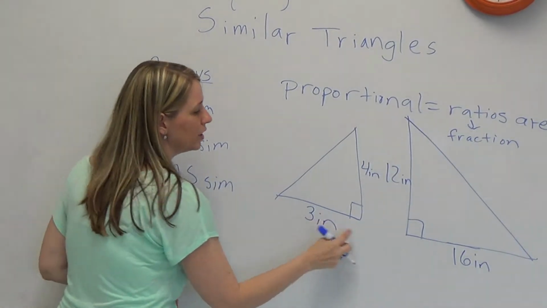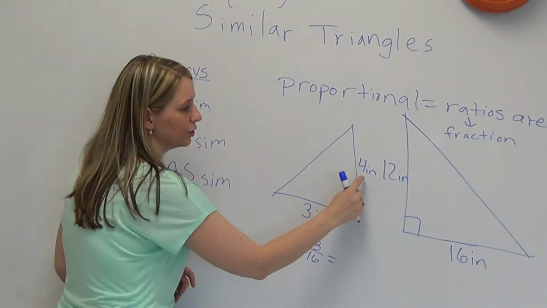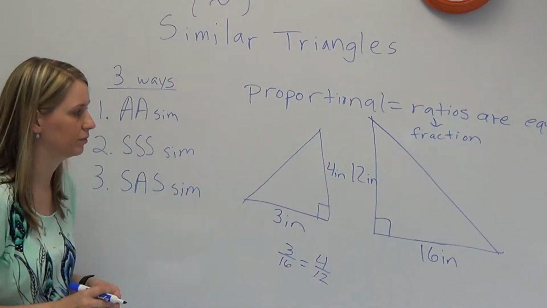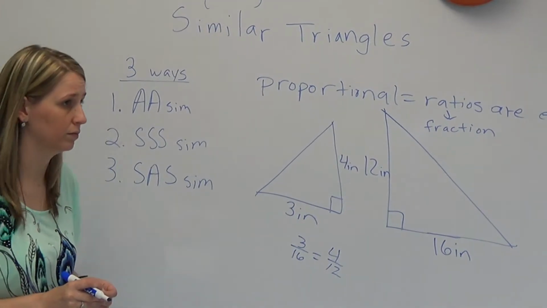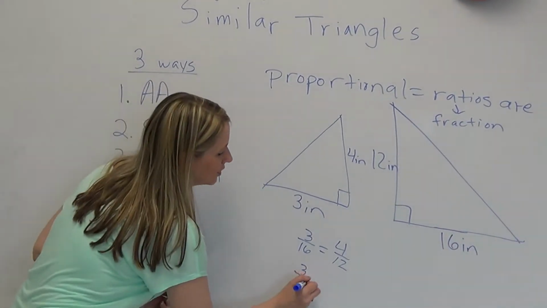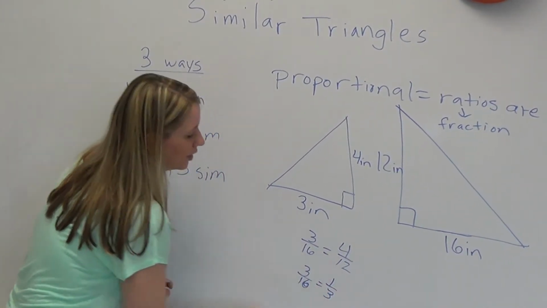If I do 3 over 16, is that going to be equal to 4 over 12? Actually, no. 3 over 16 is not 1/3, because 3 over 16 does not reduce, and 4 over 12 is 1/3.